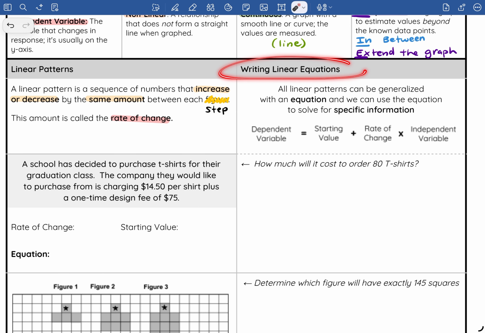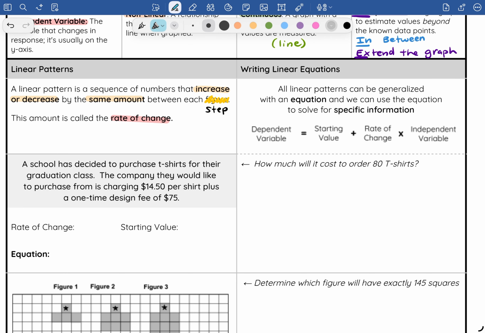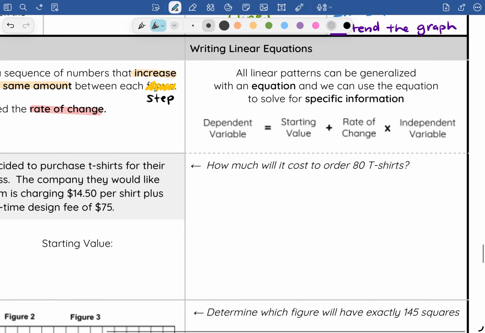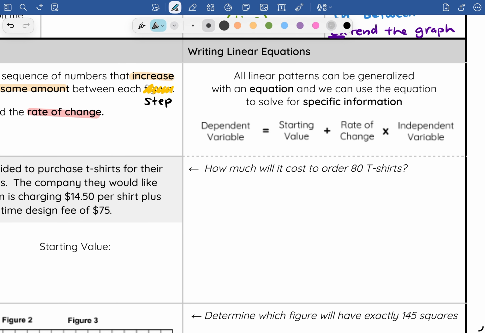When we're writing a linear equation, there's kind of a structure that we always follow. We have our dependent variable is equal to whatever starting value that we have for the situation, plus that rate of change that we talked about, times our independent variable. And for these equations, when I ask you to write one, I'll typically give you instructions of what variables to use. So I'll say use t to represent time or use h to represent the height of something.